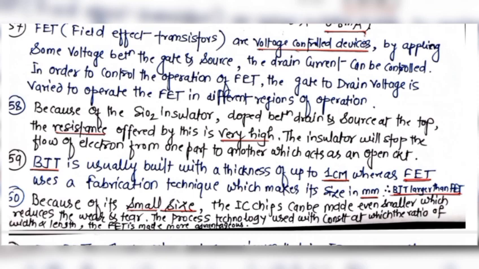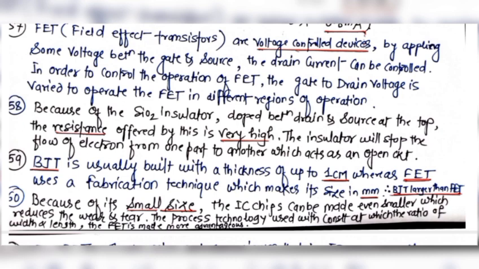FETs, field effect transistors, are voltage controlled devices. By applying some voltage between the gate and source, the drain current can be controlled. In order to control the operation of the FET, the gate-to-drain voltage is varied to operate the FET in different regions of operation.